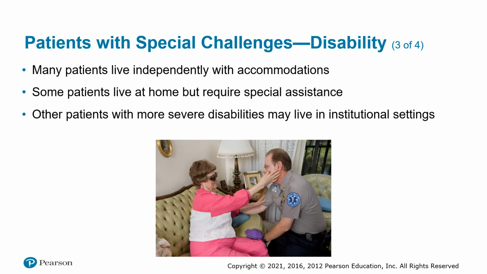Many patients live independently with accommodations. Some patients live at home but require special assistance, and other patients with more severe disabilities may live in institutional settings. Some patients live in group homes.